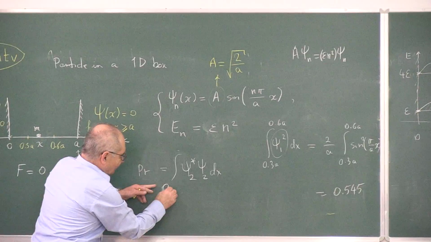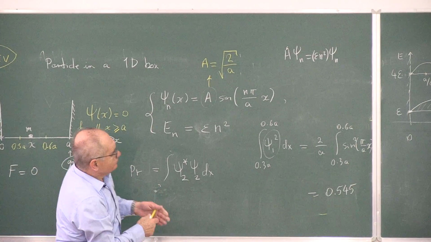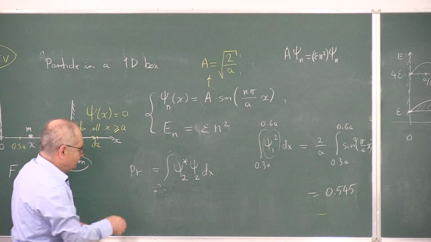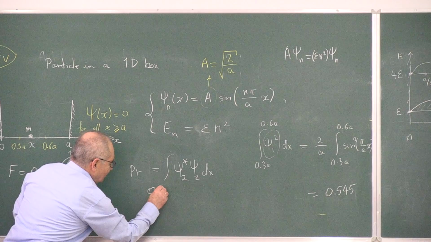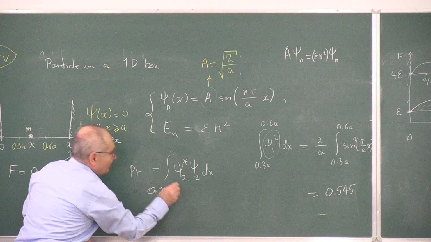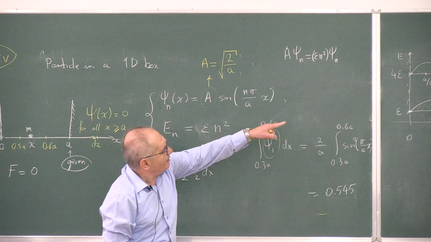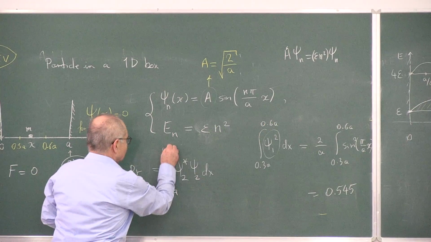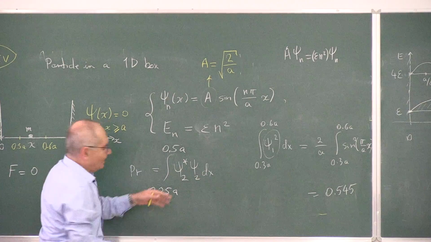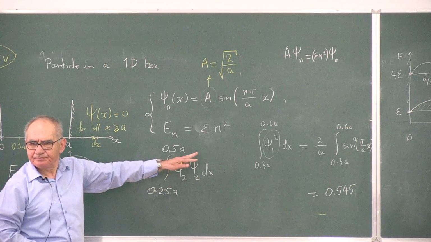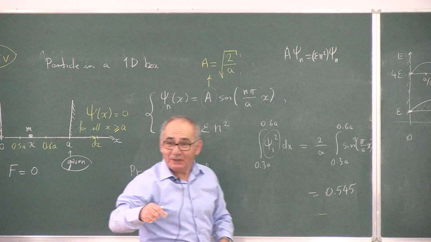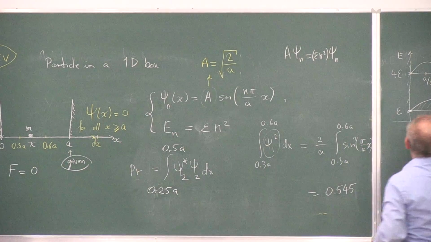The lower limit will be a over 4, which is 0.25a, and the upper limit would be a over 2, which is 0.5a. And then we would do this integration. Okay? But graphically, we can do this more easily.